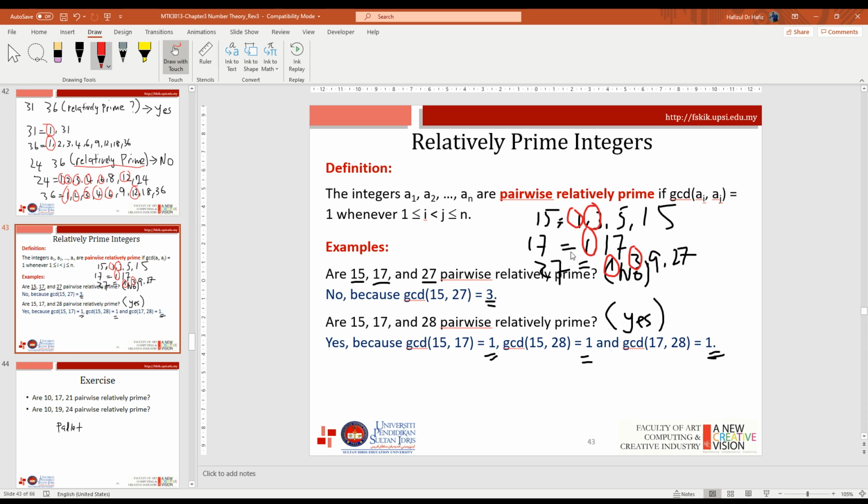We have more than 1, because the GCD of 15 and 27 is 3.